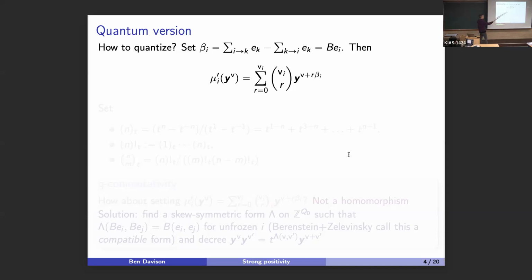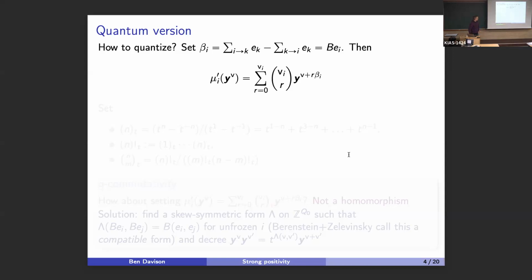And the binomial expansion will keep track of what is the ith entry in v, and I'll get a binomial coefficient as I sum through v plus multiples of b_i. So this is just a result of the definition I gave you of cluster mutation, along with the fact that it's an algebra morphism. Okay, so that's so far still classical.